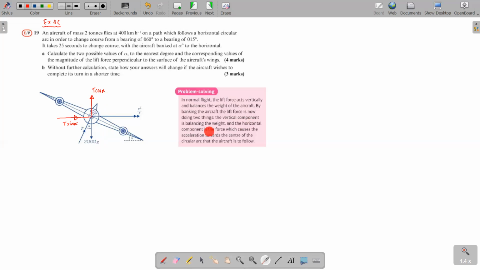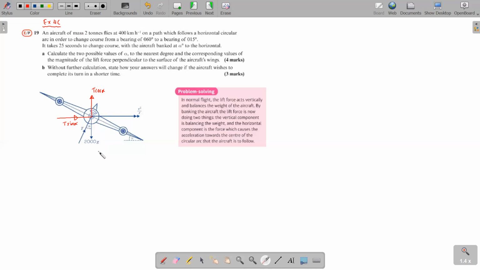The vertical component is balancing the weight, and the horizontal component is the force which causes the acceleration towards the center of the circular arc. Okay, so can you see? These are the important things you need to know here. T cos alpha is what you have for the vertical equilibrium along with the 2000 g here. Mass is 2 tons, and 2 tons means 2000 kilograms.